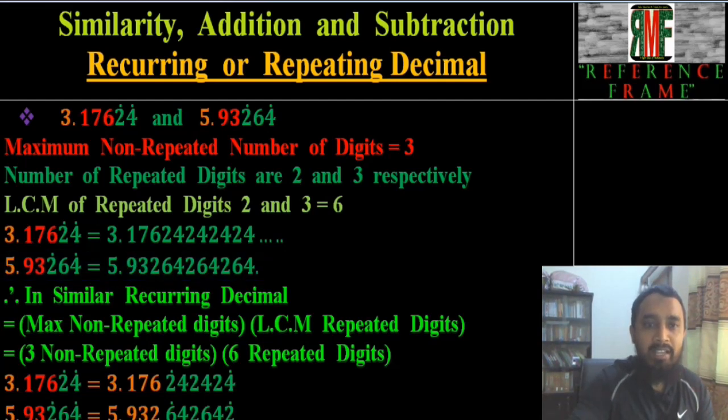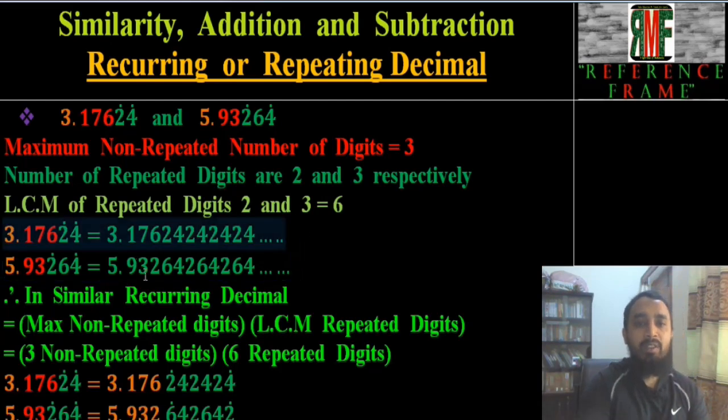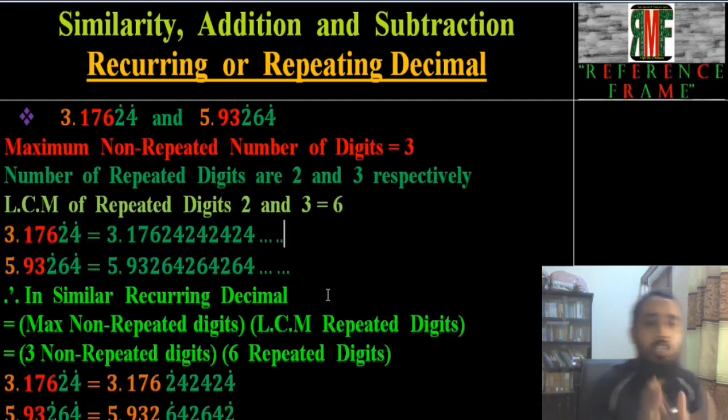But what we're asked to do is convert them into similar recurring decimals, and they're not similar yet.